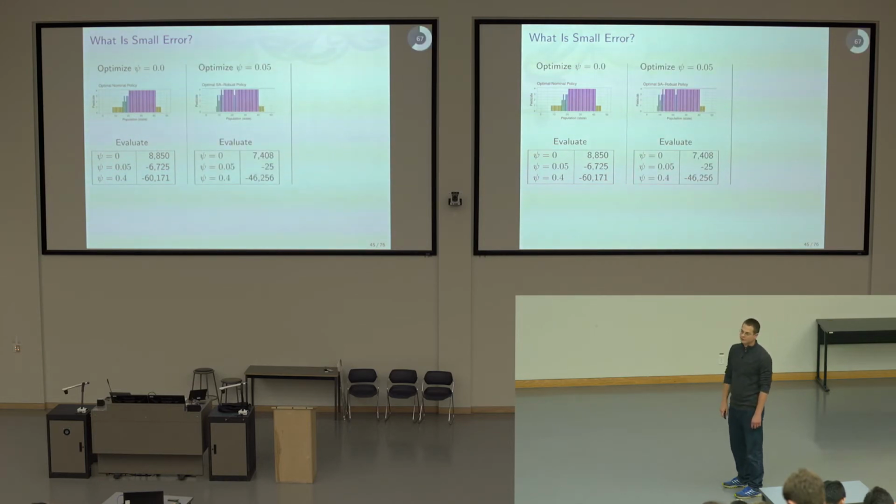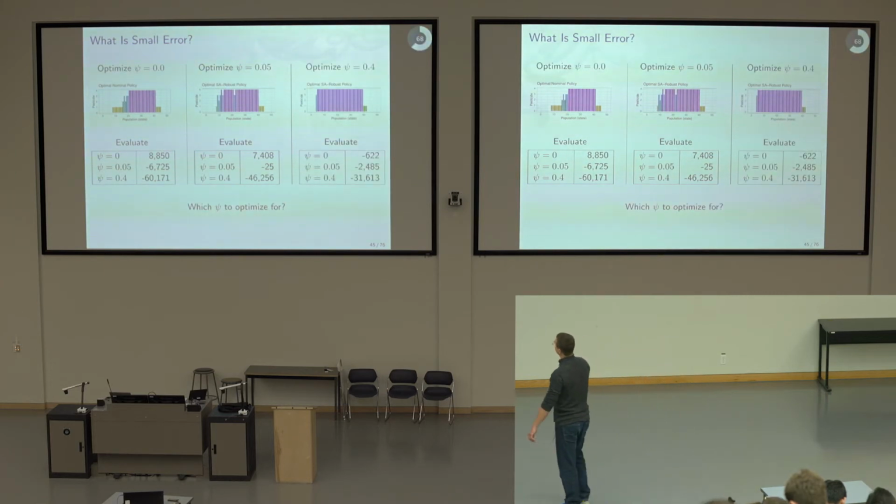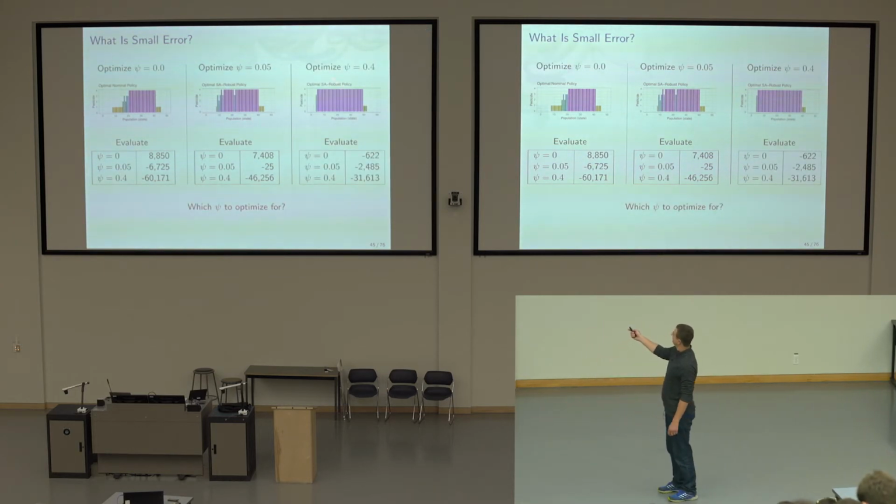We can add a little bit of a noise, right? We don't make as much money if there's just a little bit of noise in our model. We just lose a little bit of money. But if there's quite a bit of noise in our model, we're still losing a lot of money. All right, so let's optimize for 0.04.